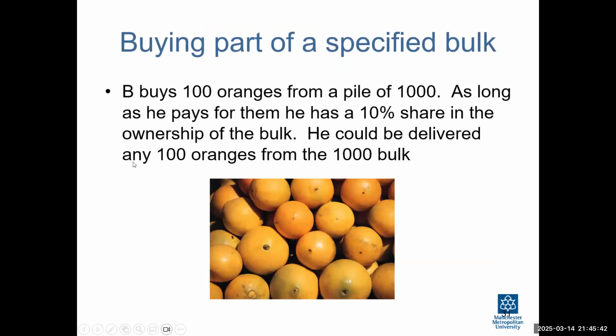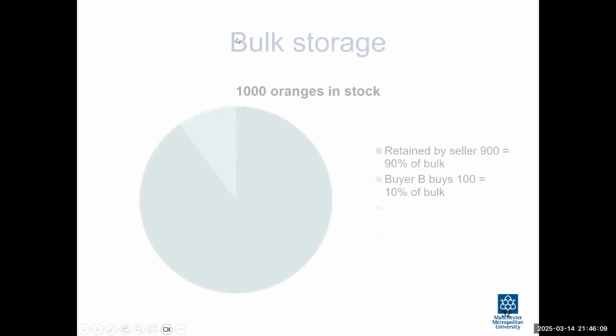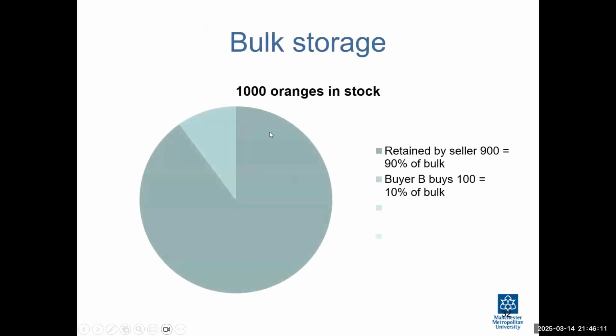This is a tricky one, but it's easy to understand. In this example, the buyer buys 100 oranges from a pile of 1,000. If he has paid for them, then he owns 10% of those 1,000 oranges. So if the seller sells 900 oranges, the remainder, the 100, will be deemed to have been unconditionally appropriated to the contract.